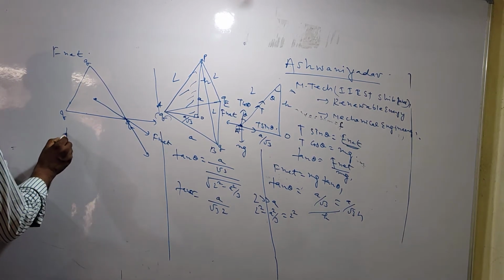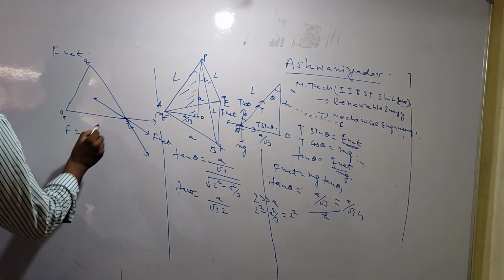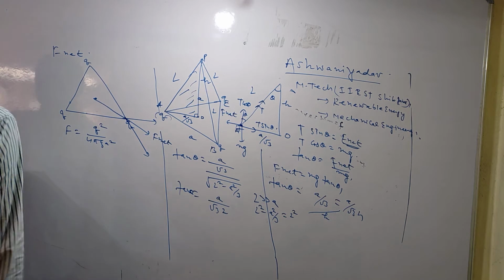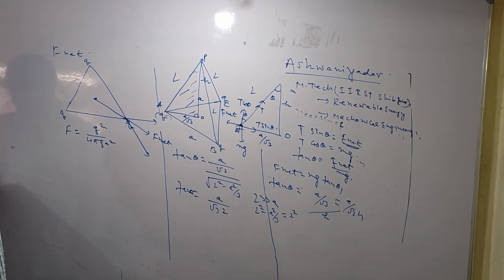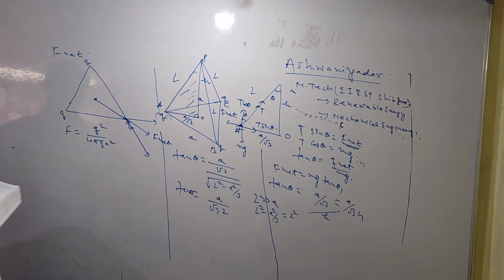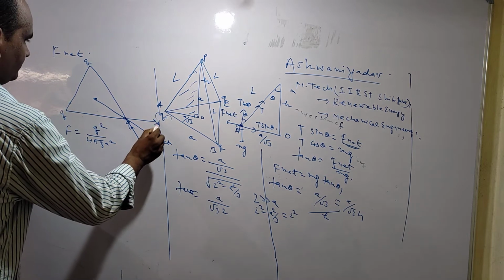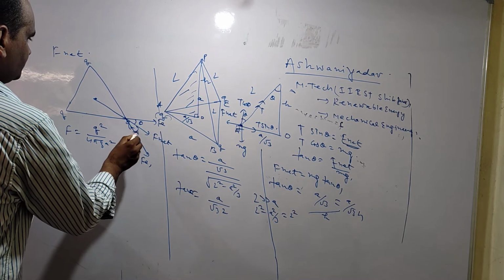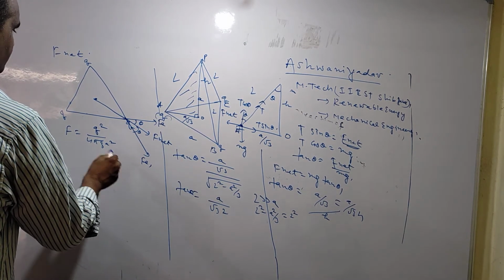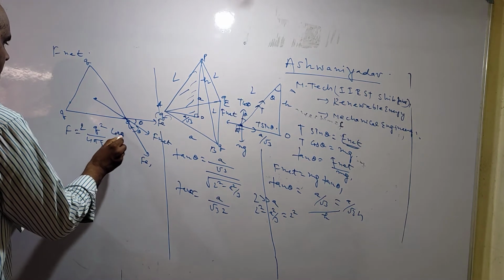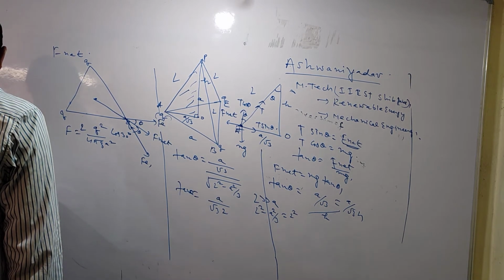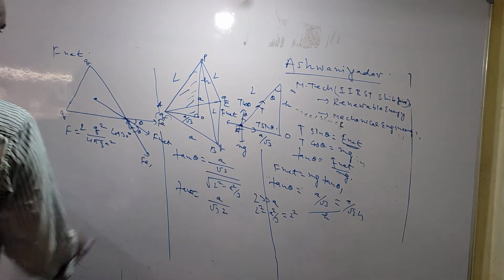Well, you can find the F, which is nothing but Q square by 4 pi epsilon naught A square. This is the F curve and this is the F net curve, and F net, this is theta and this is theta, this is 30 and 30, this is 2 F cos 30 degree, or 2 F cos theta.